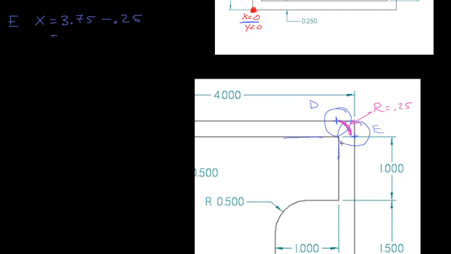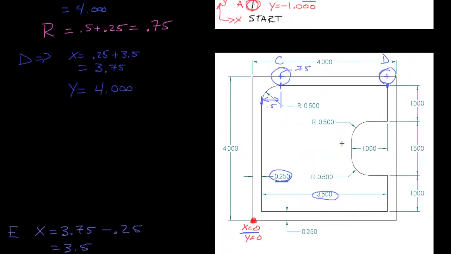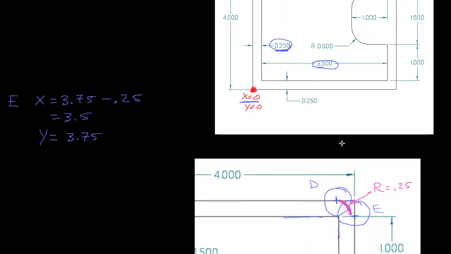And so x is equal to 3.5. And y was at 3.75 inches. Or sorry, y was at 4 inches. Made a mistake here. Let's go back. I was at 3.75 at point D in the x position, and I just moved 0.25 in the x direction.